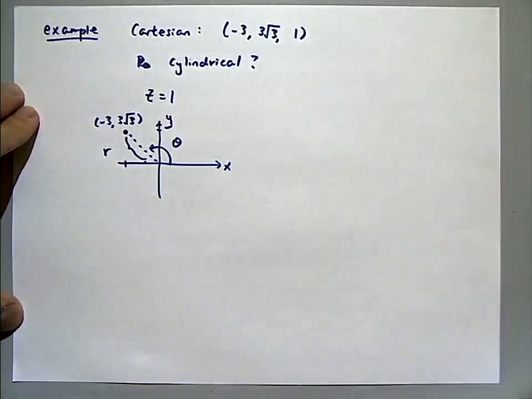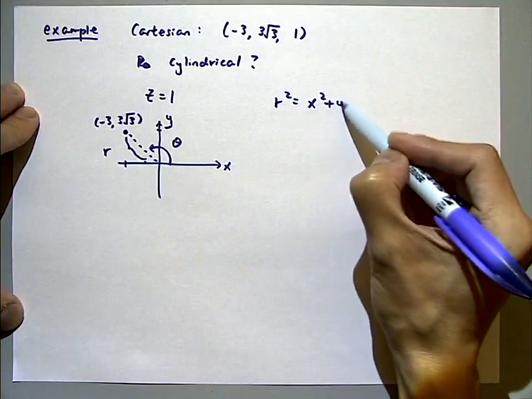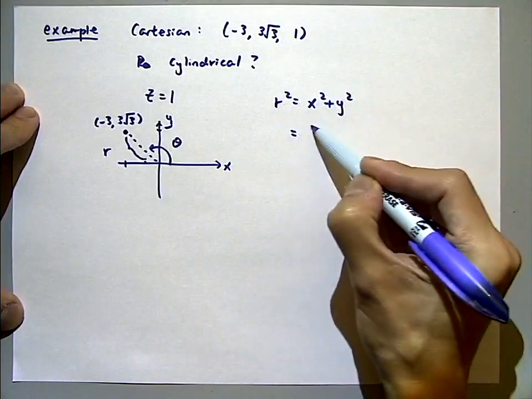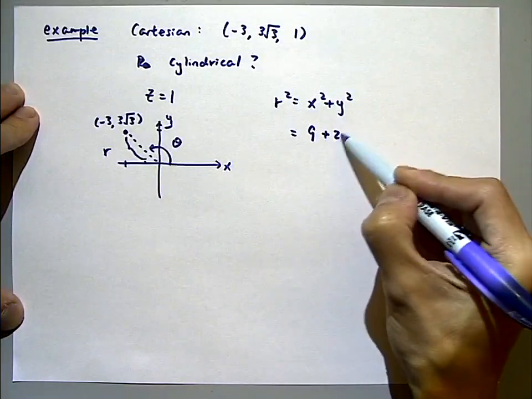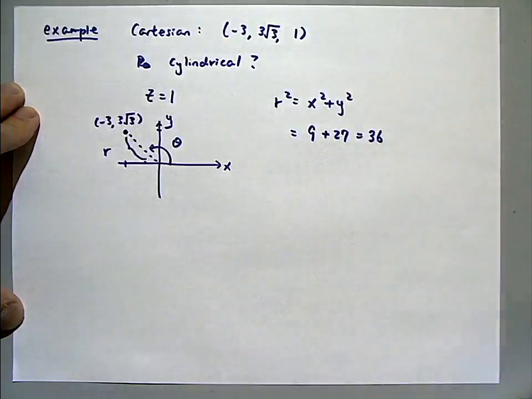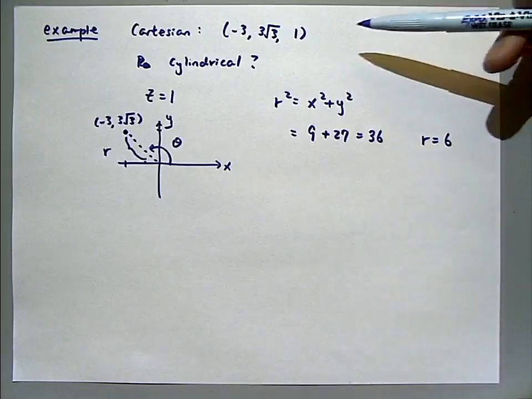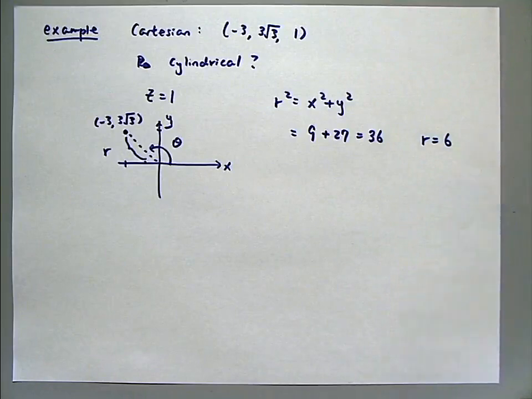So r is easy to find. r squared is x squared plus y squared, so that's equal to 9 plus 27, 36. Therefore, r is equal to 6. We always take the positive r, even though we could allow it to be negative, but customarily we take it to be positive and let theta be whatever angle results from that.